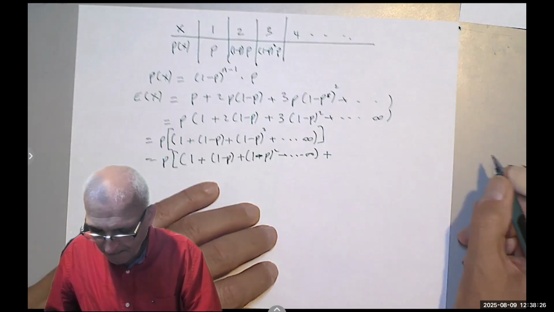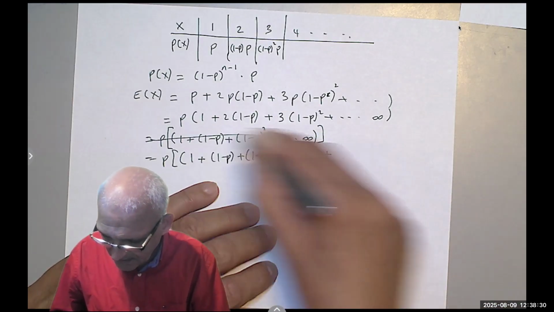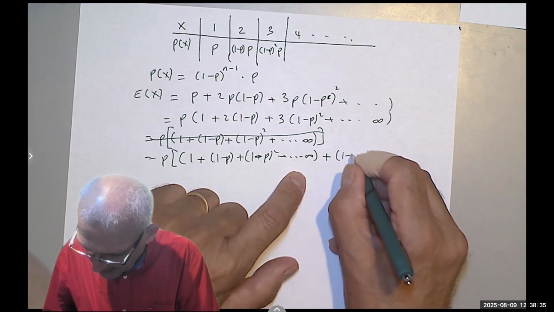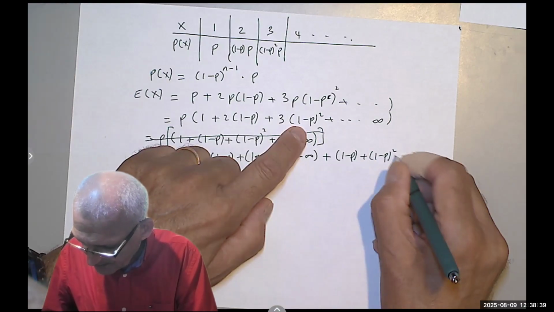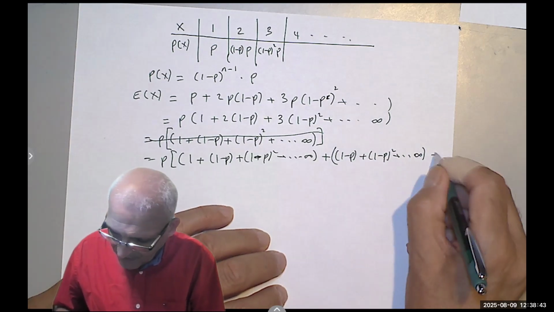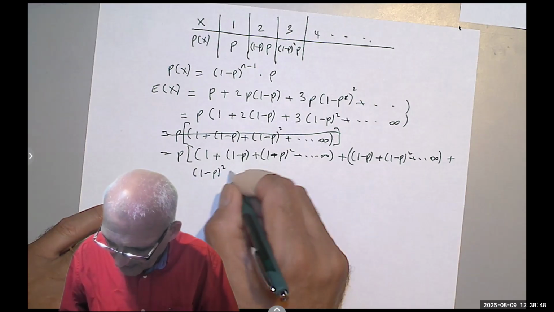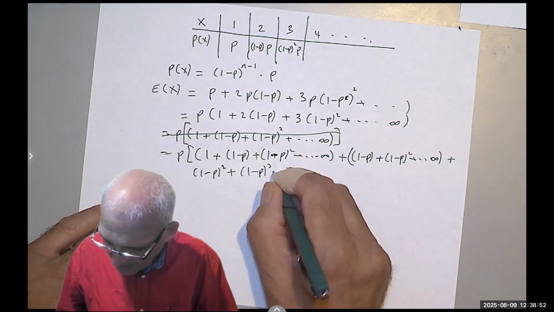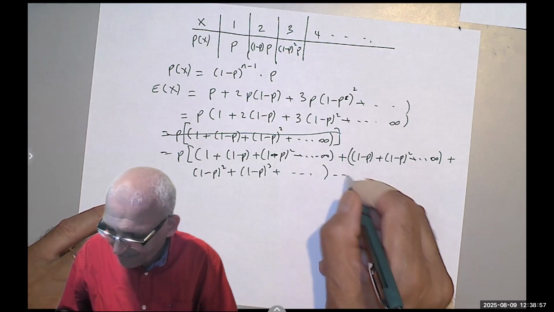Plus, notice here I get 1 minus p plus 1 minus p square plus till infinity. And then I'm going to add to that 1 minus p quantity square plus 1 minus p cubed plus 1 minus p to the fourth till infinity, infinite series.